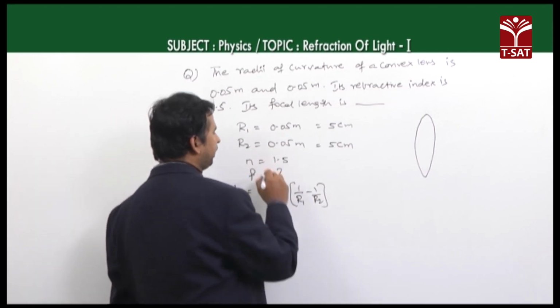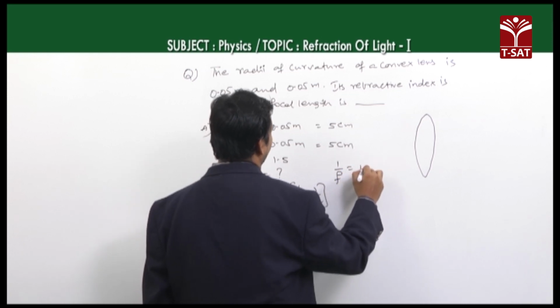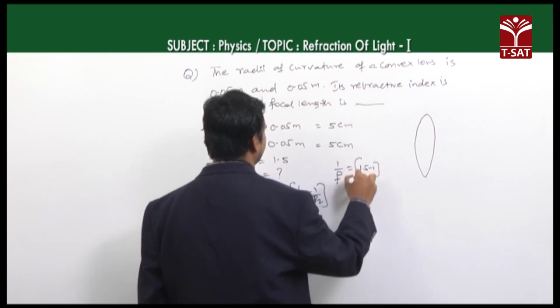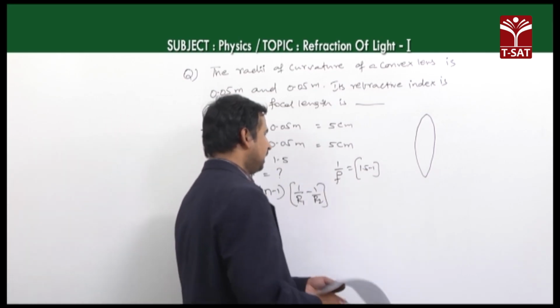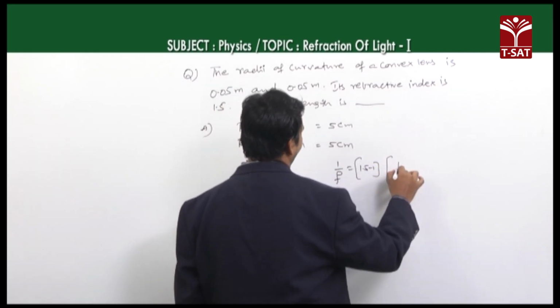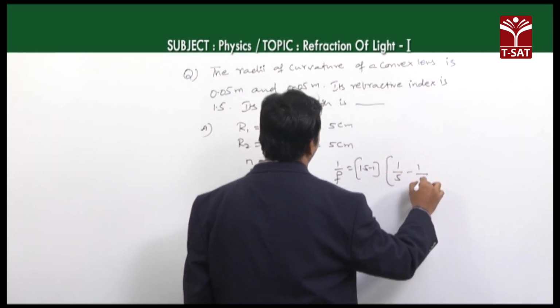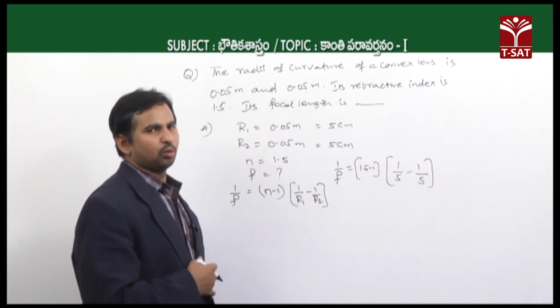Then the r1 value given is 1 by 5 minus 1 by 5 we have.